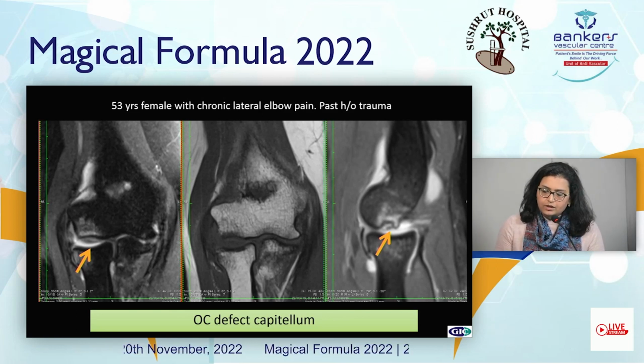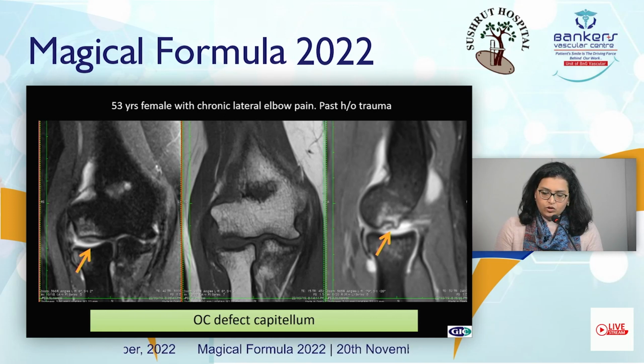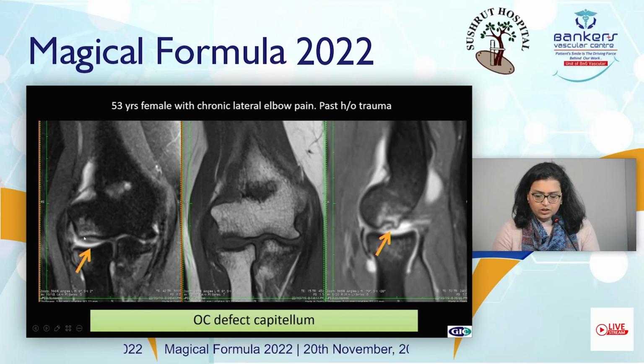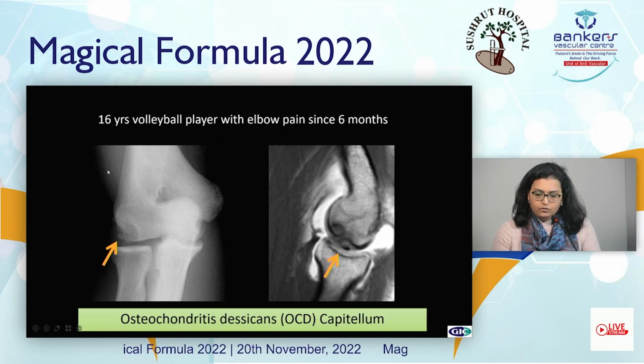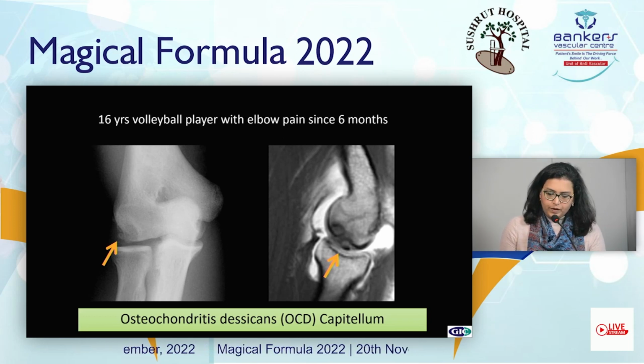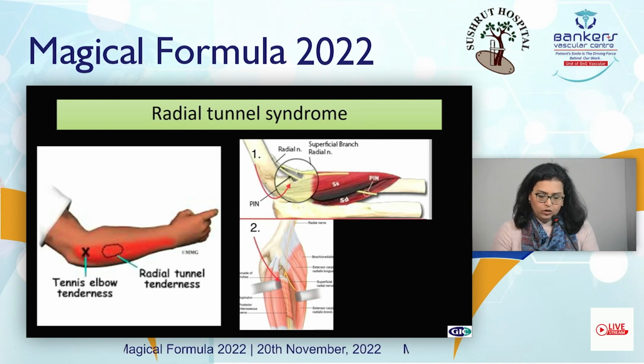This is another one with a chronic lateral elbow pain and history of trauma, where you can see that there is an osteochondral lesion with edematous changes responsible for the pain. A volleyballer with a lucent lesion at the capitellum, which was an unstable osteochondral lesion responsible for the lateral elbow pain. And lastly, radial tunnel syndrome, which can clinically mimic tennis elbow, but the site of pain is different.